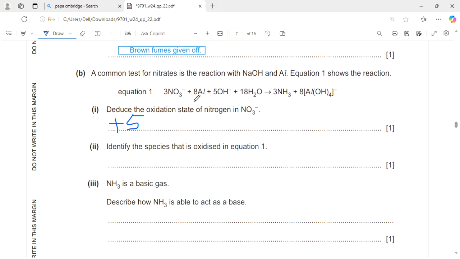I think aluminum gains oxygens here. Yes, I think aluminum is the right answer. Aluminum, I am just writing Al. All right.